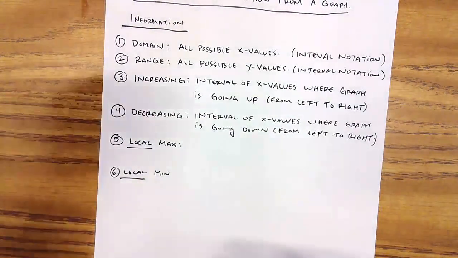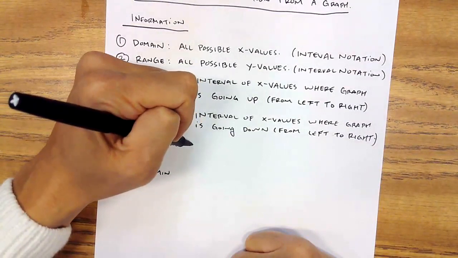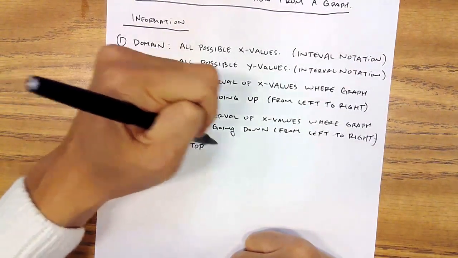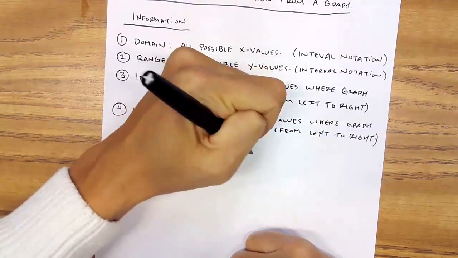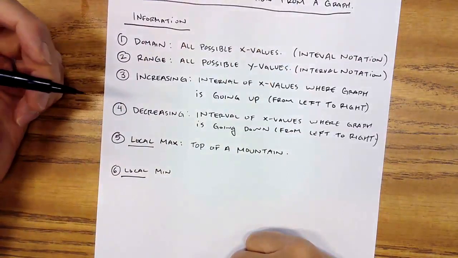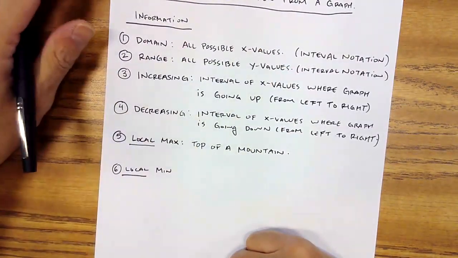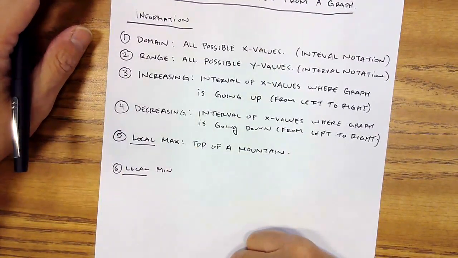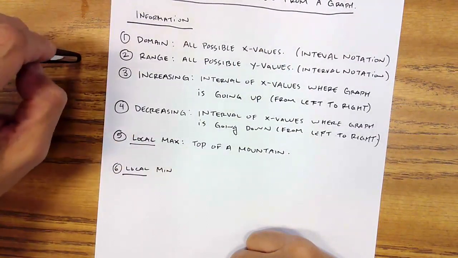For example. So your local max is the top of a hill or a mountain. And I'll go into that in a little more detail once we get into an example, and that will make sense. Okay.